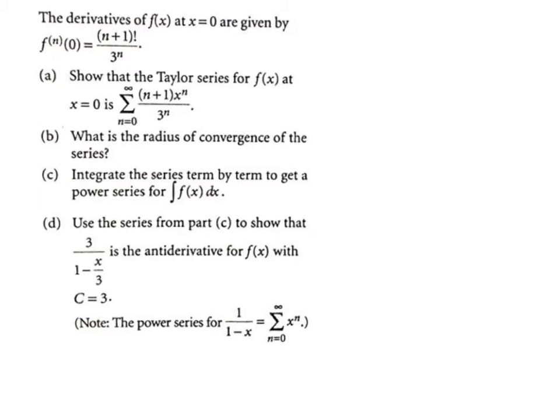To integrate this term by term, I'm going to start by rewriting it. We have n plus 1. Instead of x to the n over 3 to the n, I'm going to write x over 3 to the n. So remembering that plugging n plus 1 in, this would just be a constant.